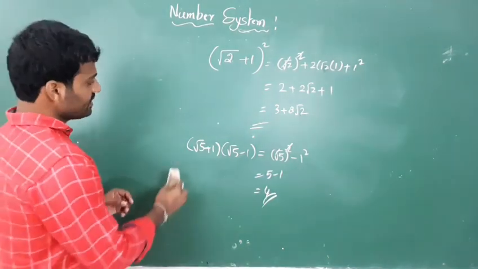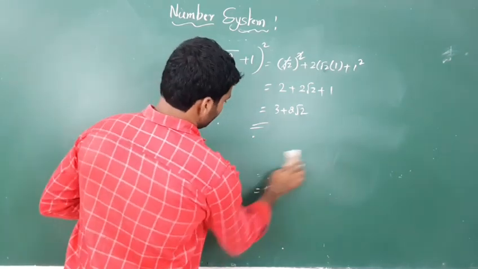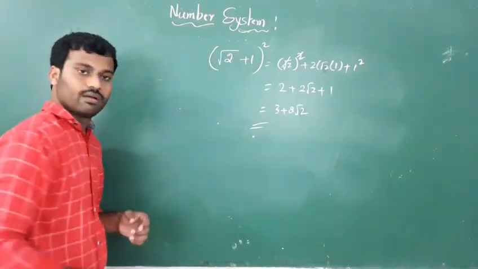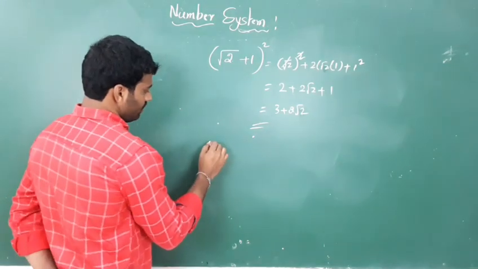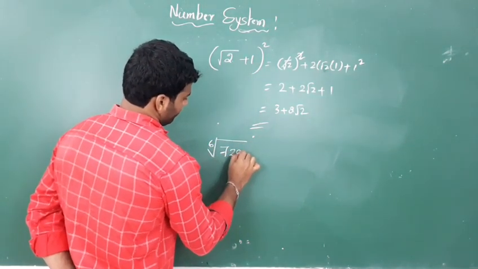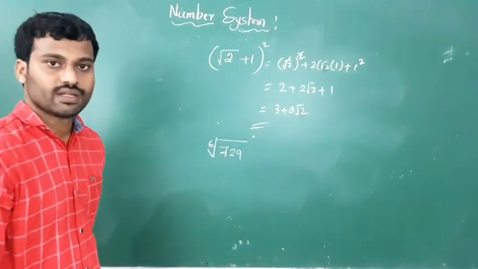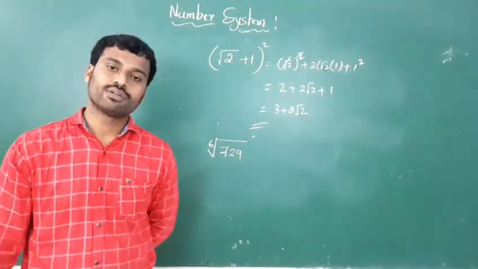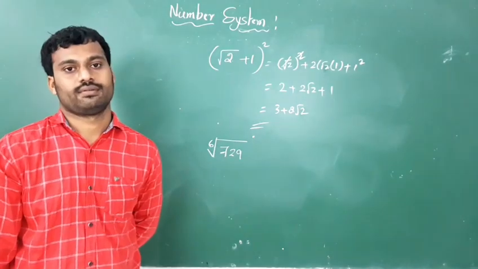Maybe they can ask in a different manner also, not only this type. They may ask for the 6th root of 729. They may ask to find out the value of this one.